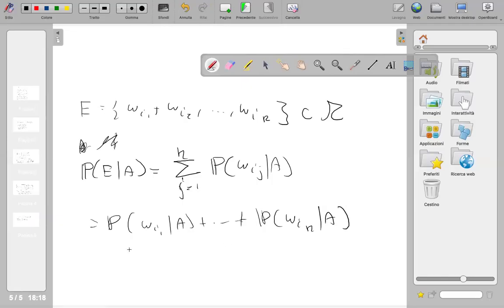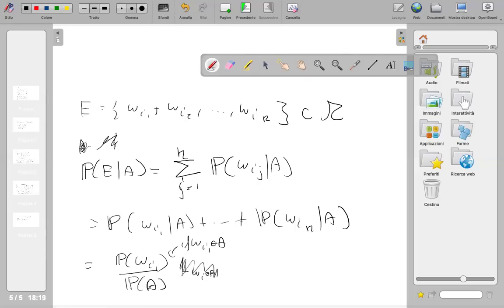So now, here I'm summing the probability of omega I divided by the probability of A if omega I is in A. Otherwise, I sum 0. So let me put it here, something like that to remember it.